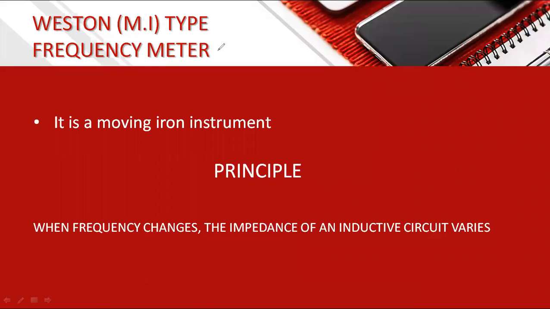So we know that if you have inductive circuit, say if you have an inductor L, now the impedance or the reactance of this inductor is given by XL, and the formula for the reactance of inductor is given by 2 pi F into L. So what does that mean?